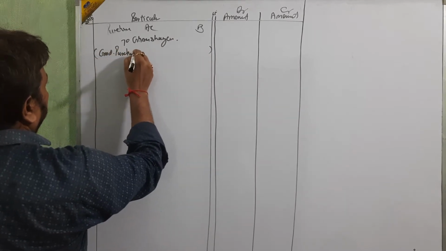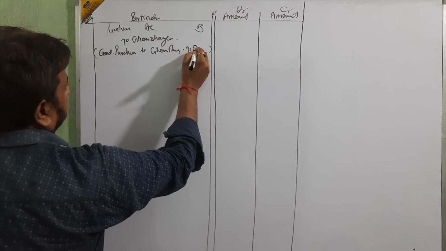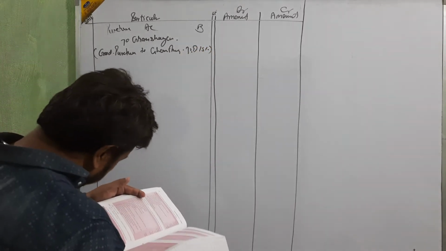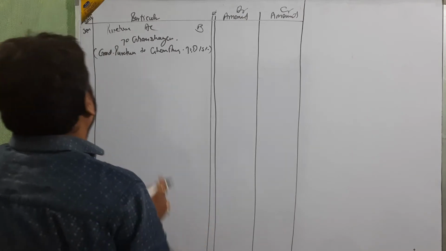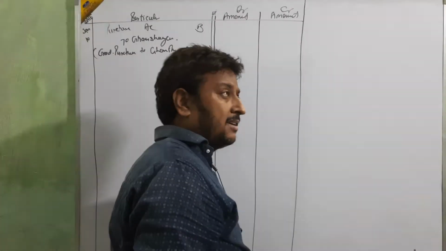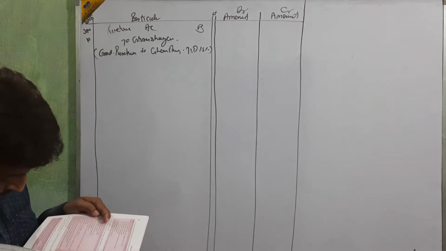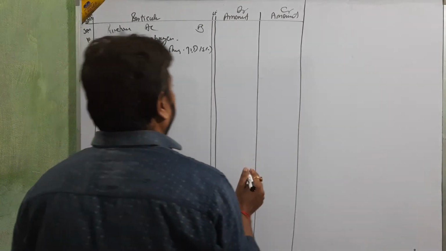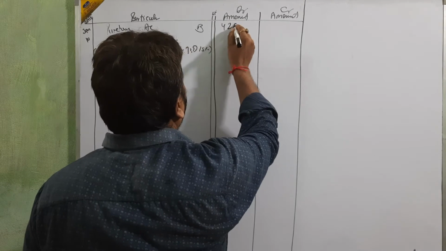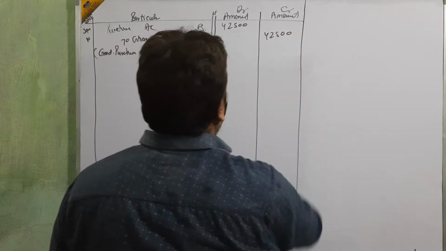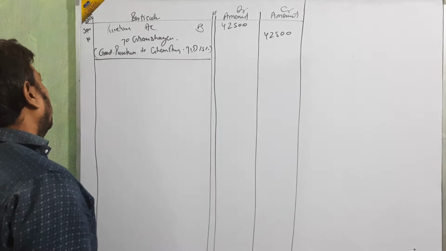Goods purchased from Ghanshyam with a trade discount of 15%. The date is January 10. The transaction is 50,000 less 15% trade discount, which is 7,500, so it means 42,500. 7,500 less from 50,000. Clear? Okay, go for the next.